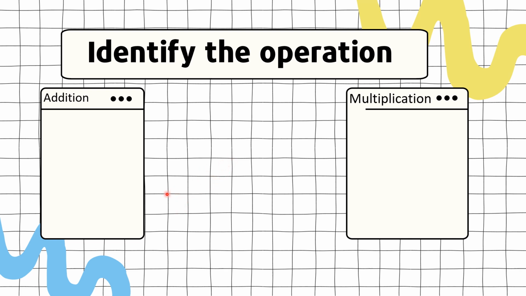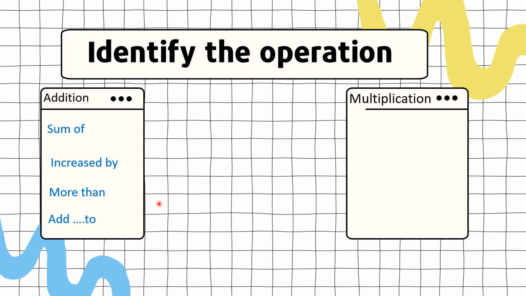If you see the words sum of, increased by, more than, or add to, we automatically use the addition operation.